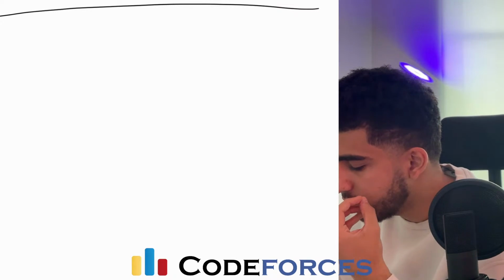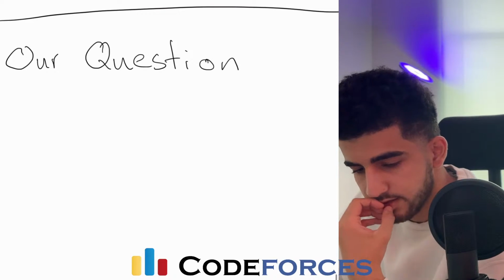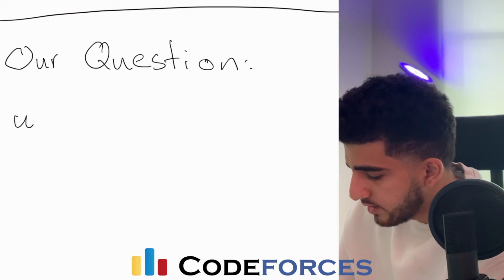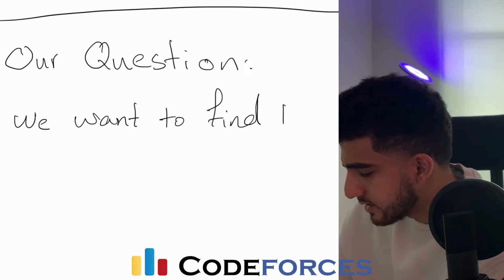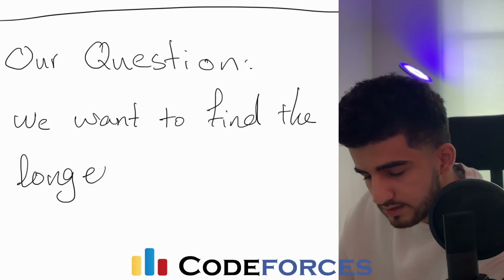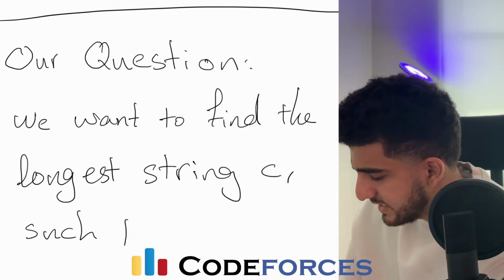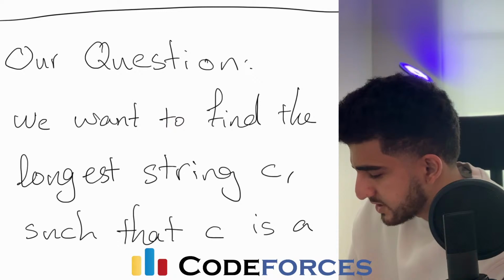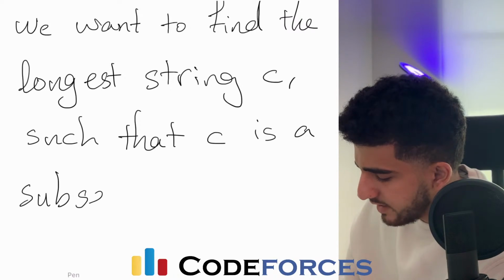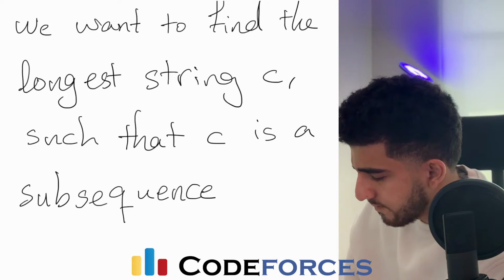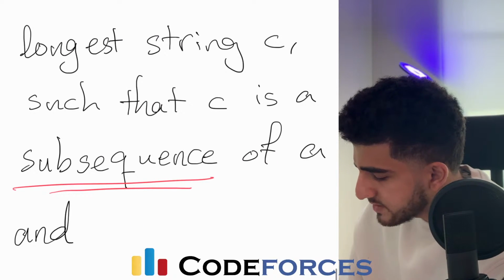So the difference is that we want to find the longest string C such that C is a subsequence of A and a substring of B.